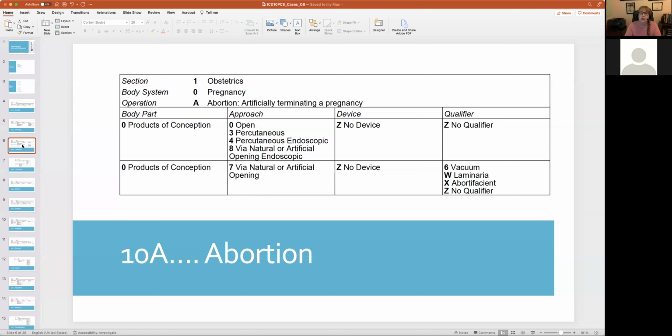Remember, there is no such thing as an unspecified code in ICD-10 PCS. Also remember that querying the doctor is a legal obligation of your job. This is not, oh, I'm too stupid to understand. This is, in order for me to do a proper legal job, I must have all the details.